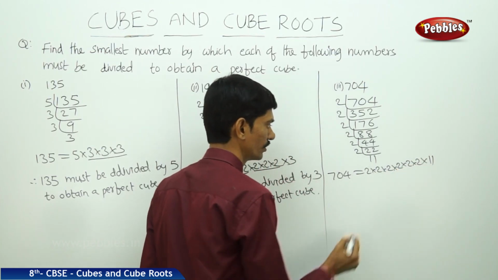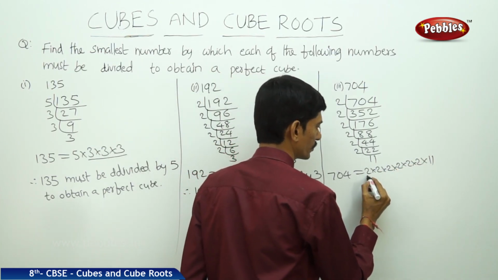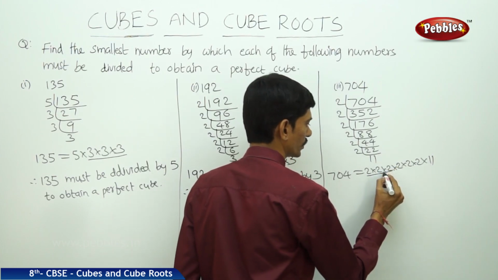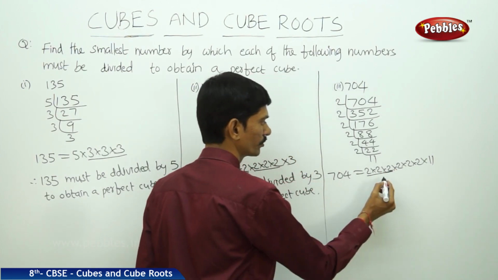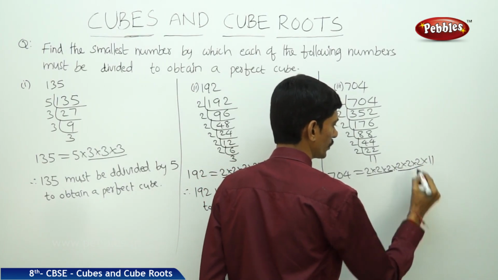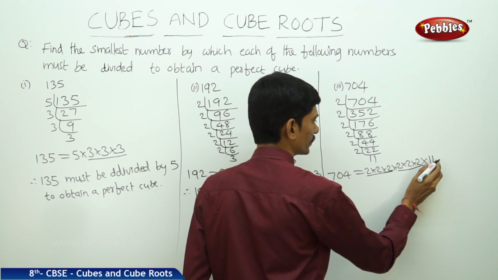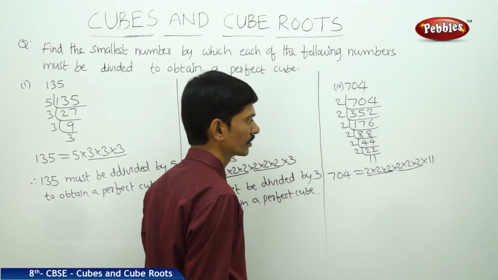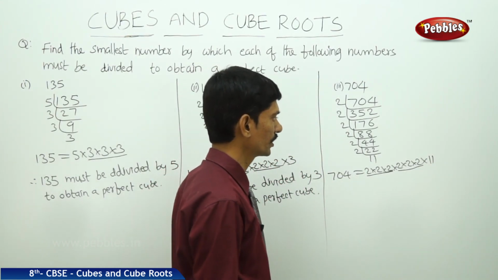Six 2s and 11. Here these 3 twos can be made a group, and again 3 twos can be made a group, but here 11 is left, means 11 does not appear 3 times.